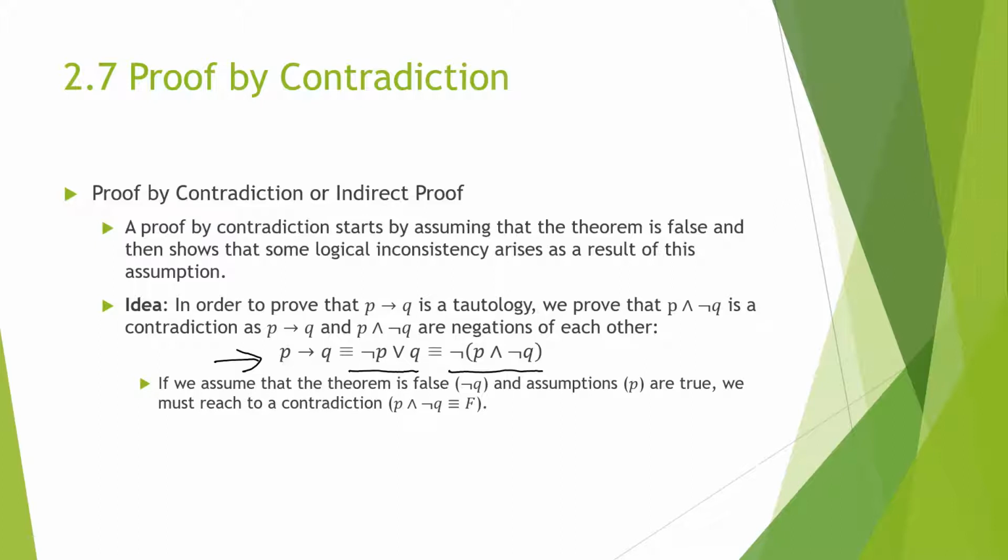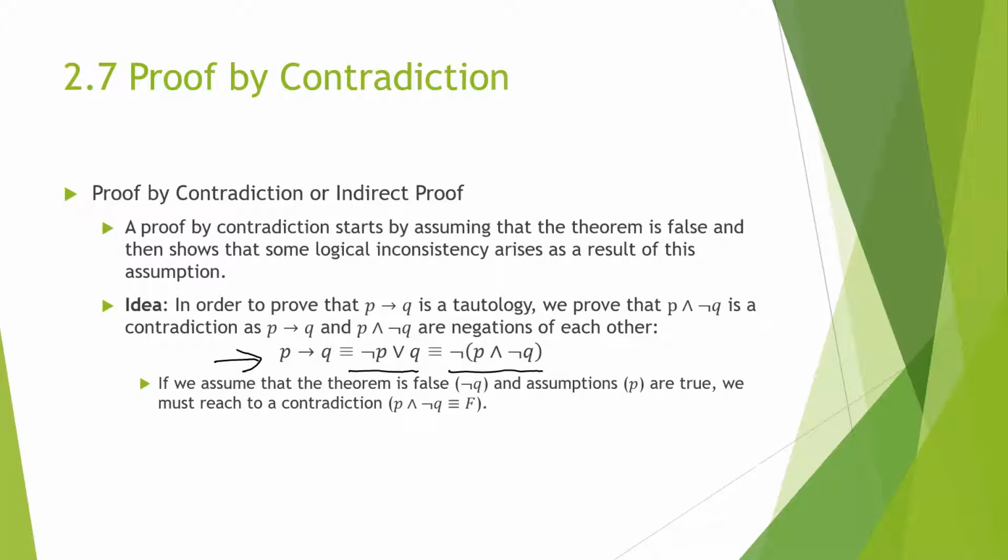So we want to prove that if P then Q is true. Instead, we prove that P and not Q is false, because P and not Q and if P then Q are negations of each other. So how can we prove that P and not Q is always false, or that P and not Q is a contradiction? If we assume that the theorem is false, which means we assume that the conclusion is false, not Q, and the assumptions are true, which means P is true, then we must reach a contradiction.